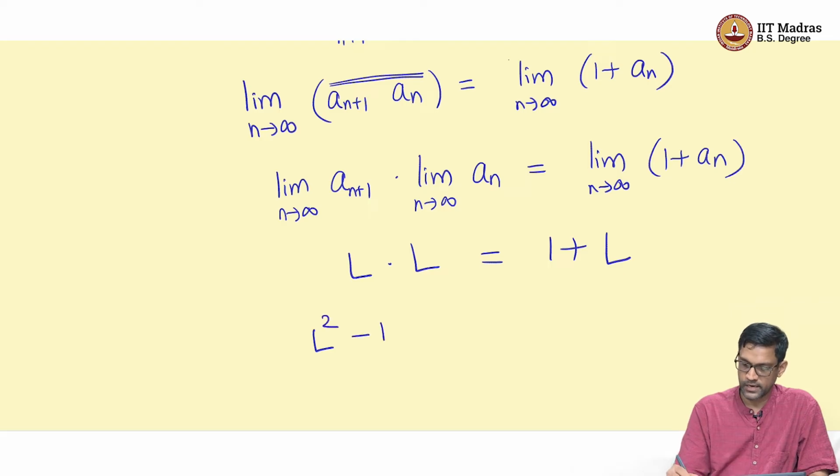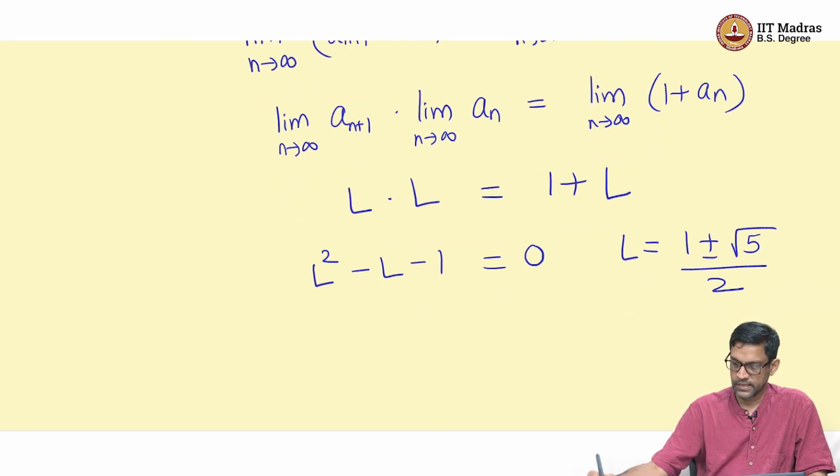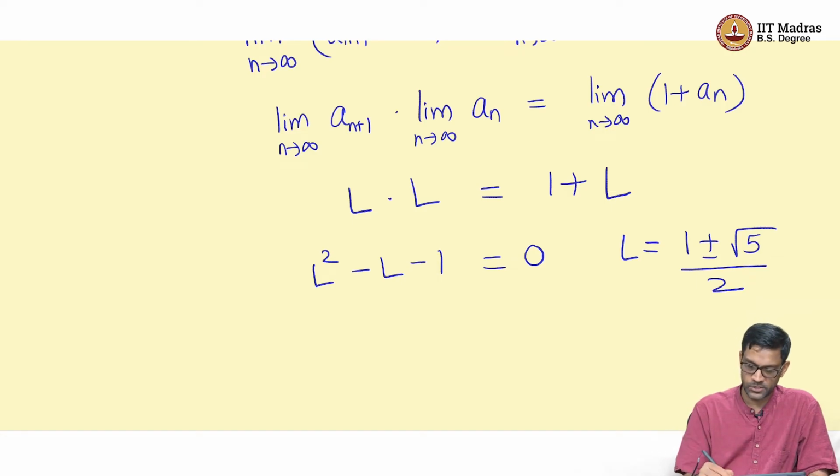It tells us that L squared minus L minus 1 is 0, and the roots of this quadratic equation are (1 plus or minus square root of 5) by 2. Observe that the negative solution, (1 minus square root 5) by 2, is not possible because all the a_n's are positive.